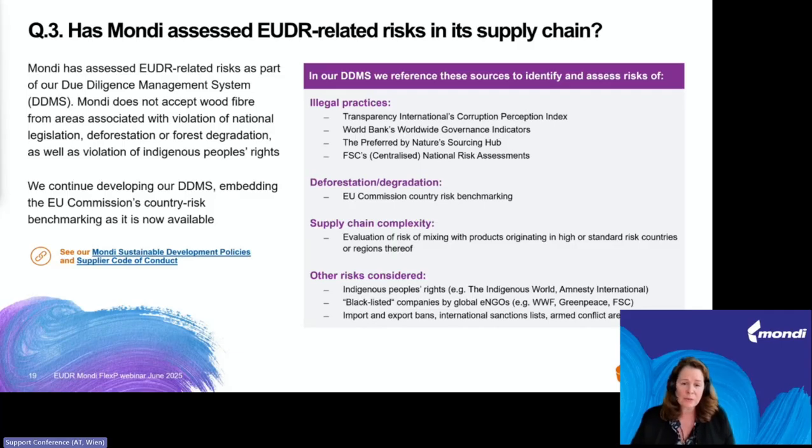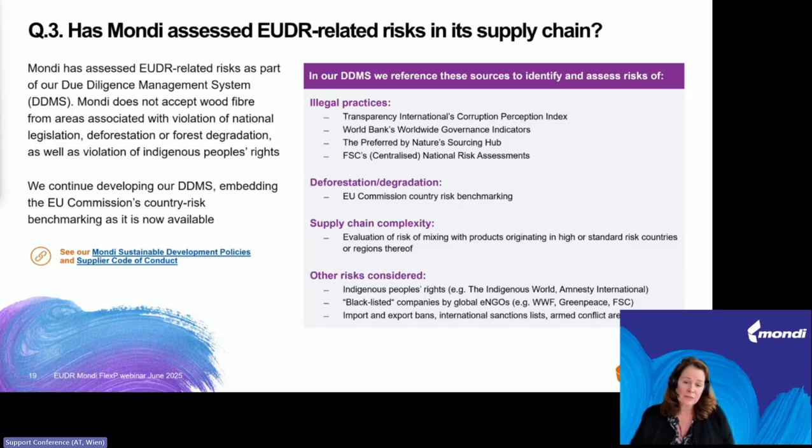The first one is around illegal practices, where we look at a number of different sources for assessing that risk. It could be the Transparency International's Corruption Perception Index of a particular country, the World Bank Worldwide Governance Indicators, or FSC's National Risk Assessments, for example.